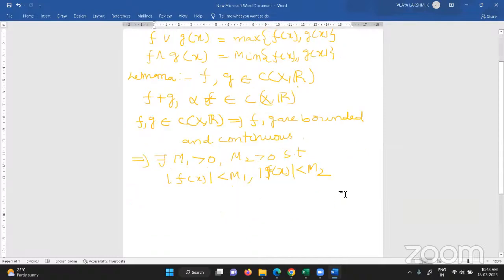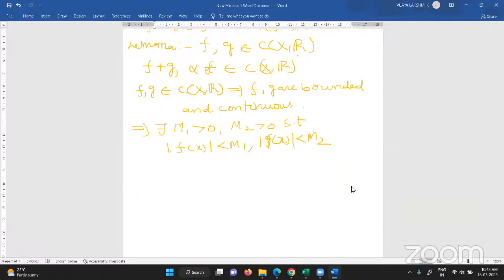So then you will get mod of f plus g at x is equal to mod of f of x plus g of x, which is less than or equal to mod f of x plus mod g of x, which is less than M1 plus M2. That means whenever f and g are bounded, f plus g is also bounded.